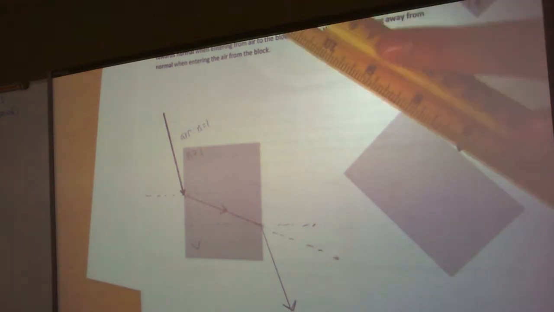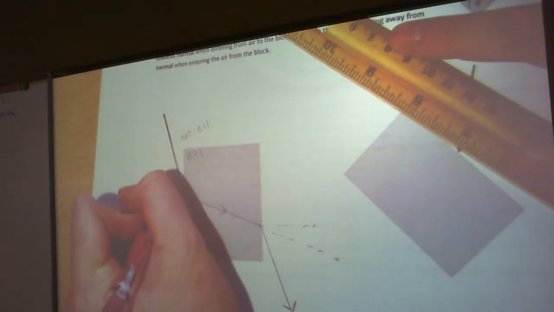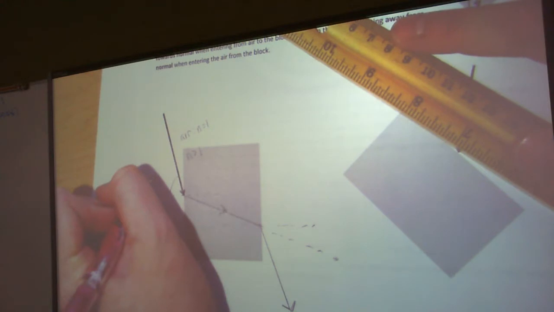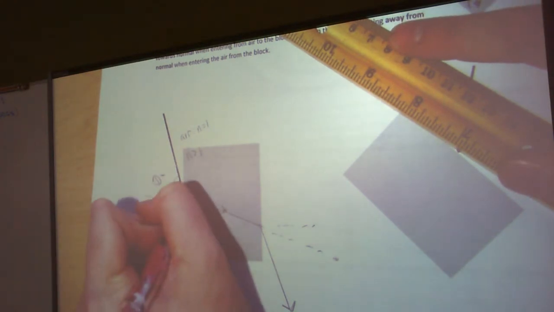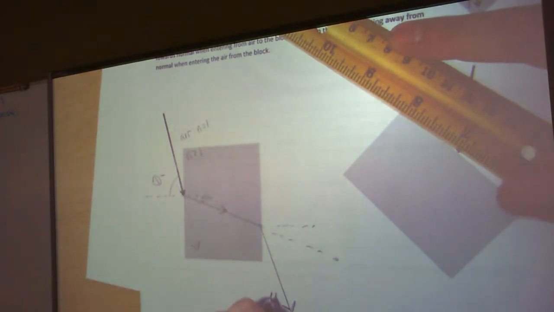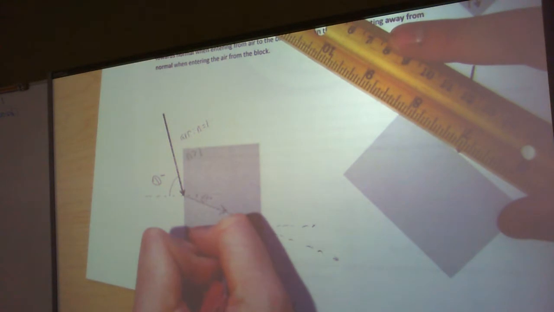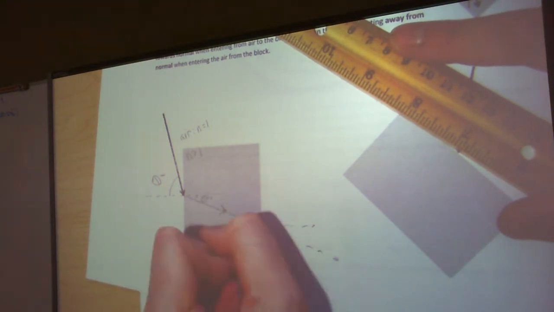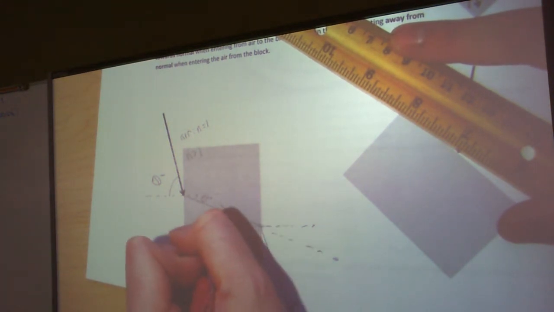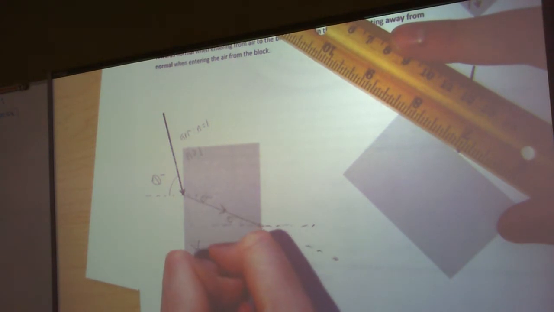So I'm going to go ahead and label just for housekeeping. This is theta 1 here and theta 2 here. And now at this interface, it changes. This is theta 1, our incidence angle, and this is now theta 2.